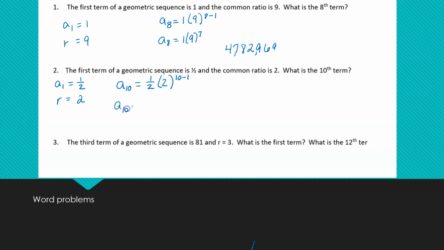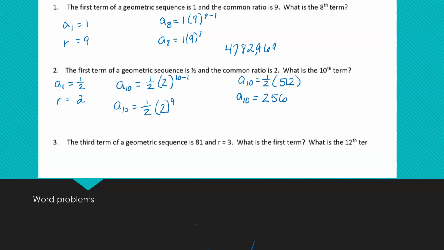So let's simplify a little. Take 2 to the 9th power first. So 2 to the 9th power is 512. And if you take half of that, the 10th term is 256.